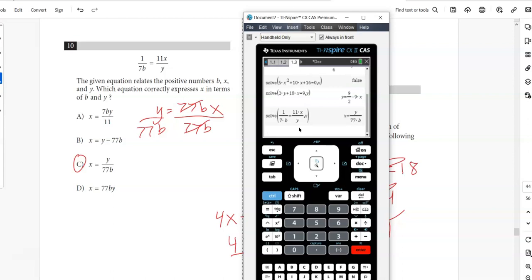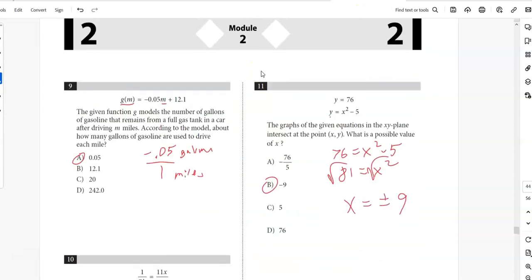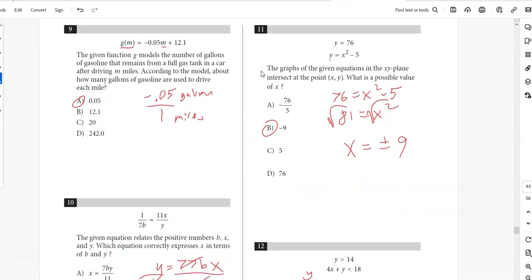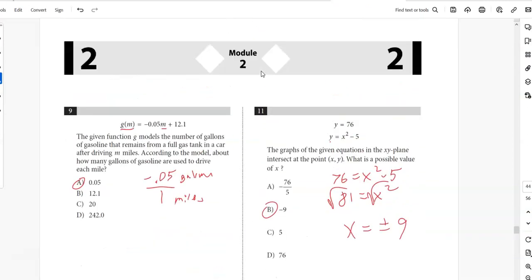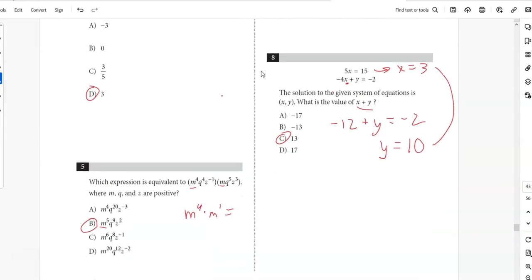Yeah, that works. So you could definitely do that in your calculator. Again, it depends how strong your algebra skills are, if you'd rather do that in the calculator or not. But those are some problems that you could, if you wanted to, do them in your calculator.